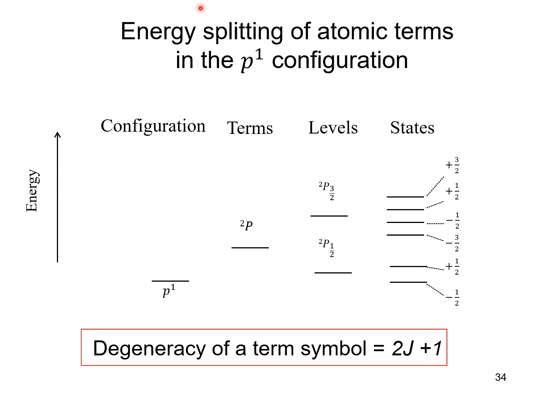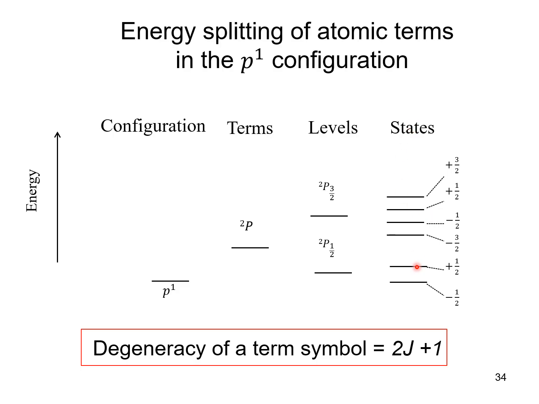But if the subshell is more than half filled, then the level with the highest value of J lies lowest. Okay, so that is how we determine the energy level for each of the terms.